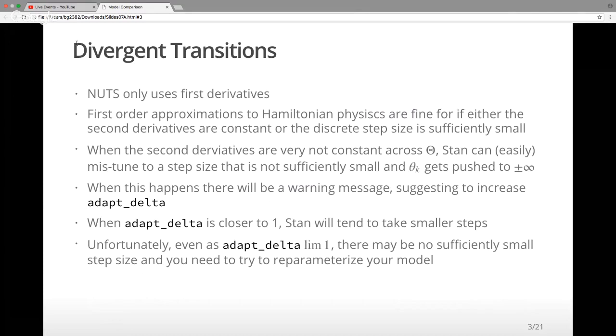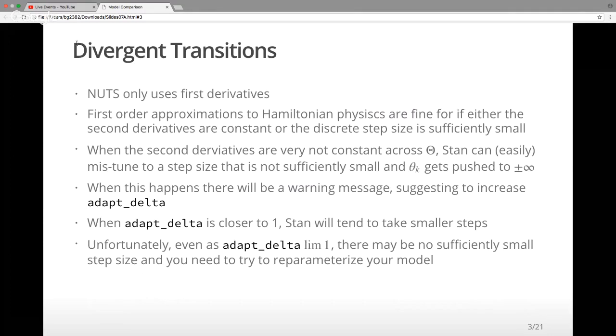Or maybe you've defined a posterior distribution that is improper. But it can definitely happen with perfectly valid posterior distributions. It's just that their curvature makes it difficult for Stan, or frankly anything else, to draw from that parameter space according to the posterior probability in an efficient fashion.